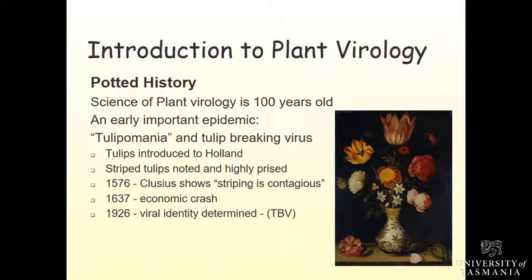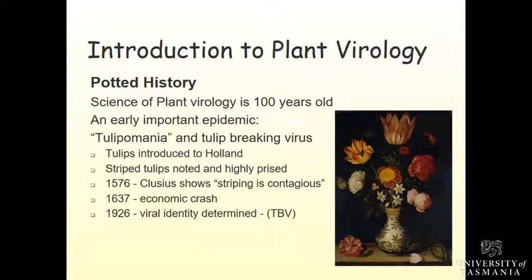You get the prices of individual commodities going like this, and everyone's making lots of money, and then bang, it crashes and the world ends, and people dive out of tall buildings because they've lost all their money. Well, they didn't have tall buildings back in the 1500s, but they did lose all their money.